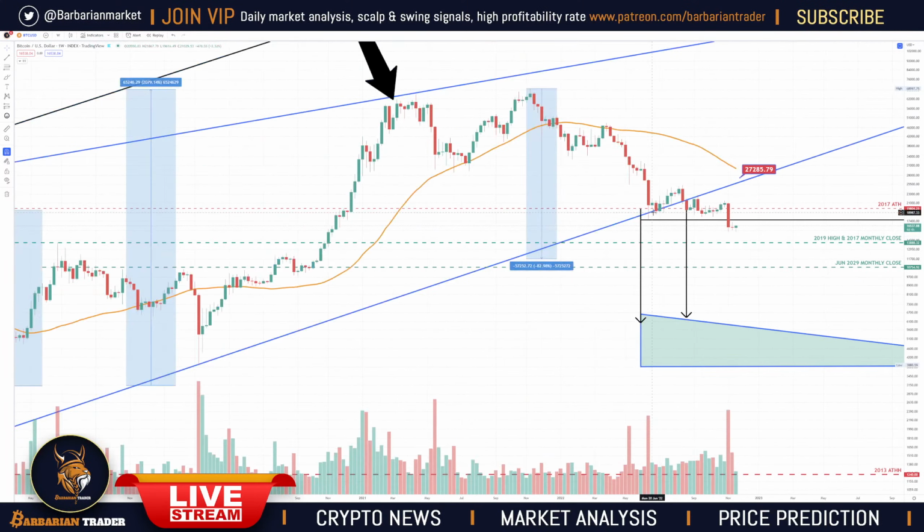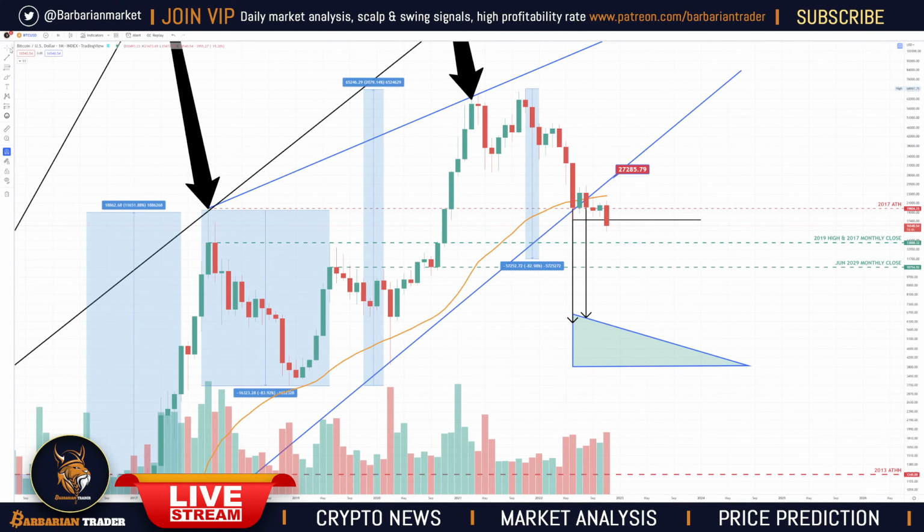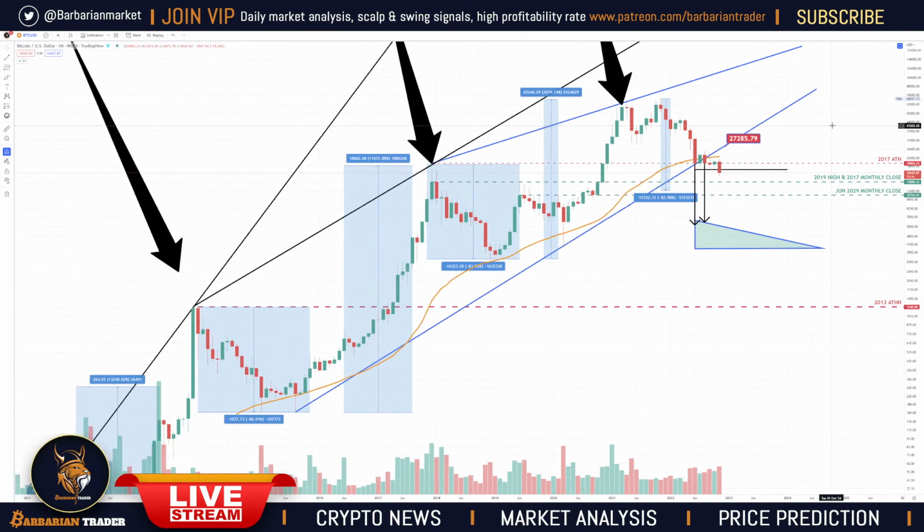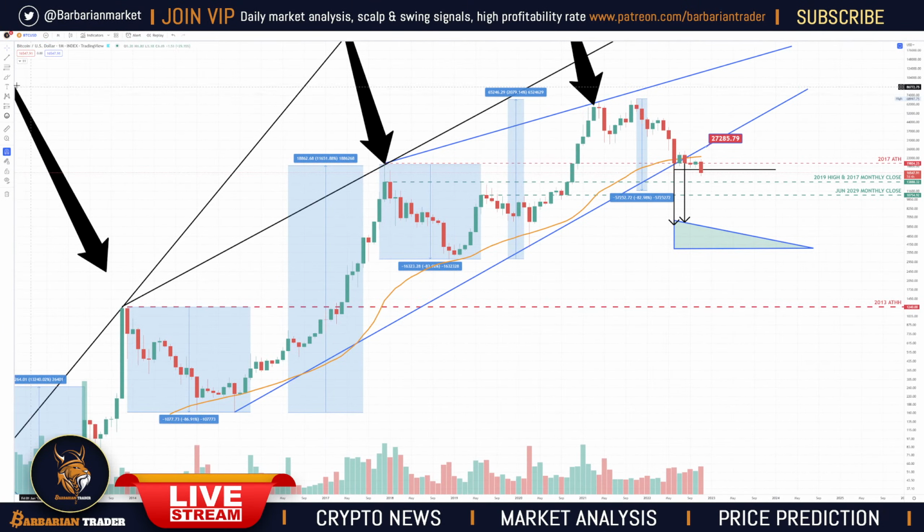Now, we all know, and we discuss a lot in our Discord trading group, rising wedges like to do a lot of choppiness on the base before they play out. So yes, it is possible to see some choppiness here, to see even 27, 28, this area, even 29, 30,000.